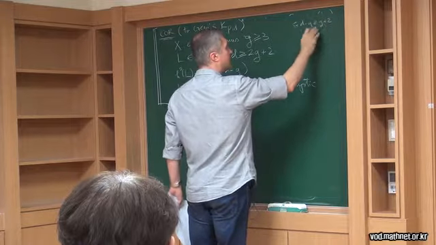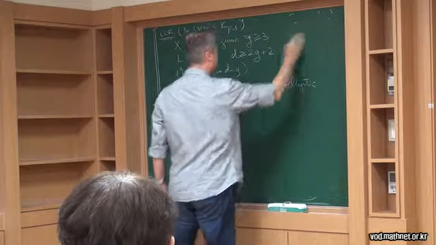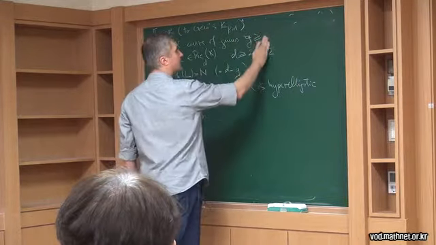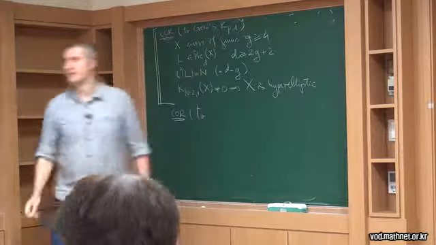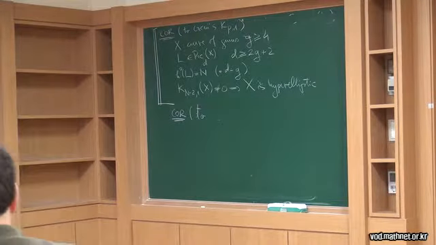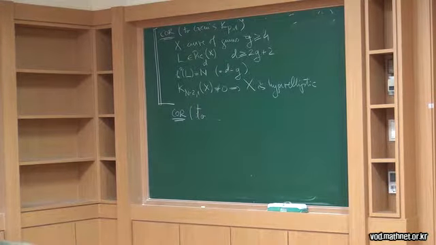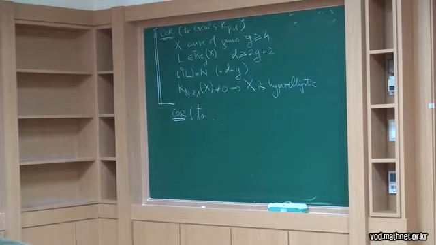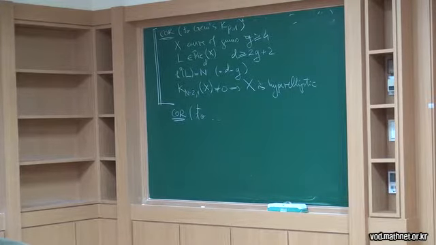So g is lower than or equal to 3. So yes, it was wrong. Genus is at least 4 here. So I should correct it everywhere: genus is at least 4. It's a contradiction. So S is not a Veronese surface.